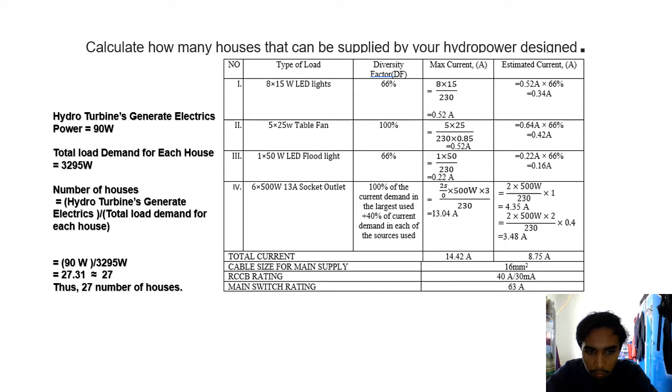For the cable size for the main supply, 60 millimeter square, while the RCCB rating is 40 ampere over 30 milliamp, and the main switch rating is 63 amp.